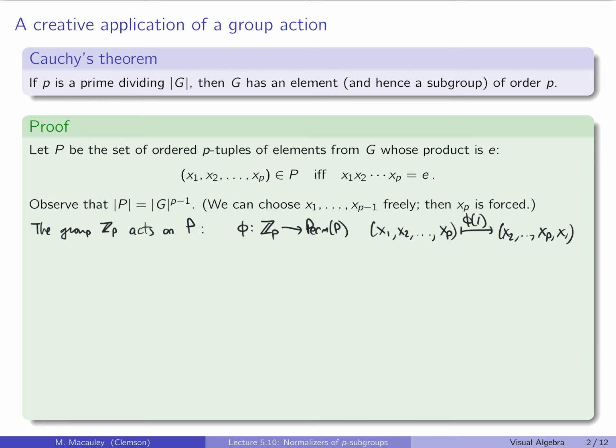Okay, so this set of p-tuples is partitioned into orbits, and each one has to have size 1 or size p because it has to divide the order of the group acting on it. So here's kind of what it looks like.